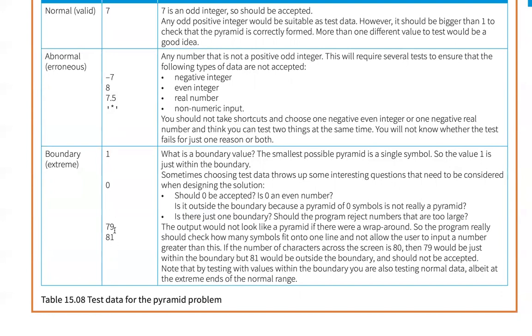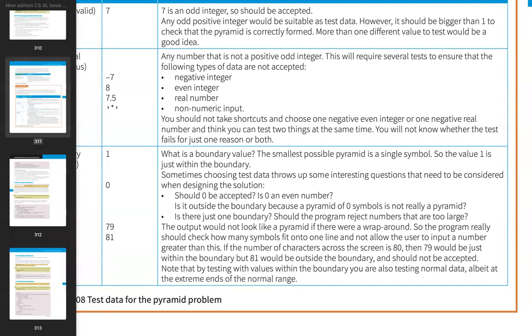Similarly, 79 or 81 should be the upper extremes. For example, when a pyramid is drawn with 79, it will look something like this.